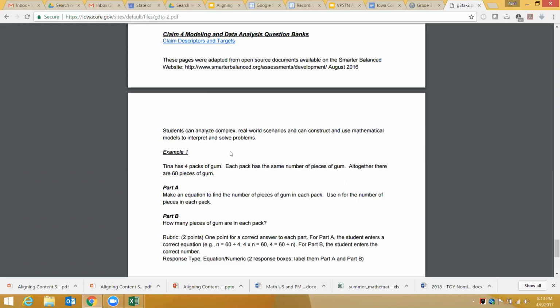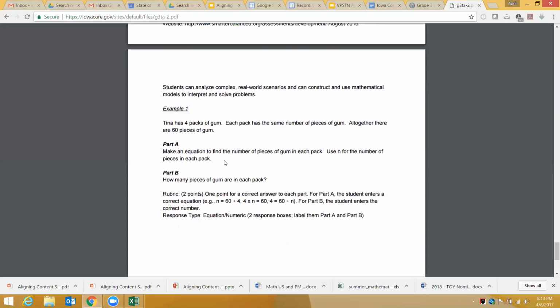So here in this example, Tina has 4 packs of gum. Each pack has the same number of pieces of gum. Altogether, there are 60 pieces of gum. So part A is to make an equation to find the number of pieces of gum in each pack. Use N for the number of pieces in each pack. And part B is how many pieces of gum are in each pack.